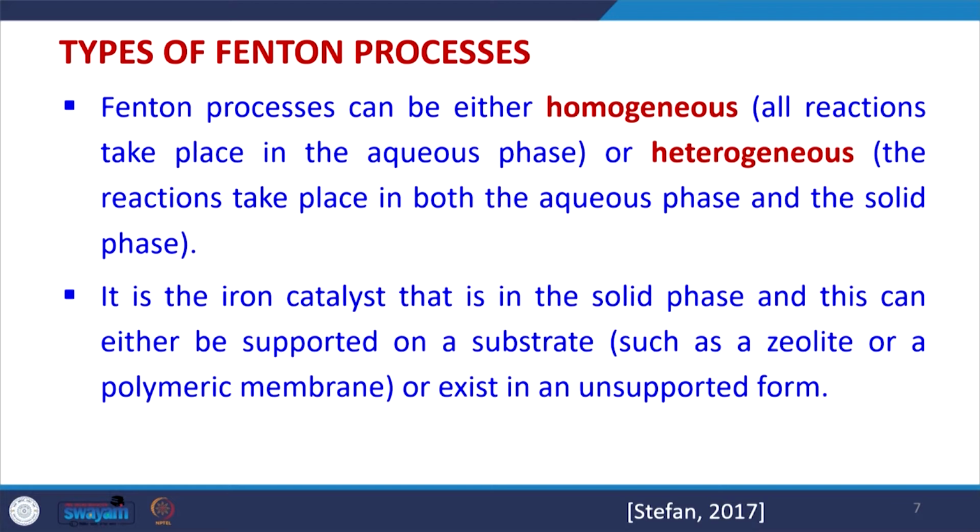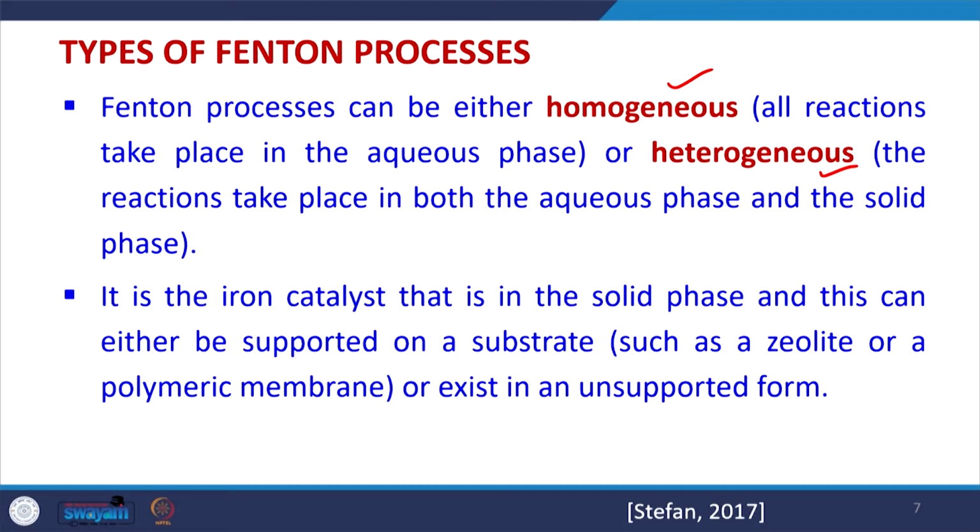Now, there are different types of Fenton processes. Already we have discussed the homogeneous Fenton process and heterogeneous Fenton processes. In the homogeneous Fenton processes, all the reactions take place in the aqueous phase itself, whereas in the heterogeneous Fenton processes, the reactions take place in both the aqueous phase and the solid phase.